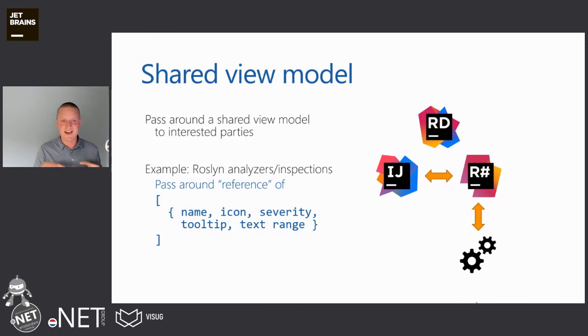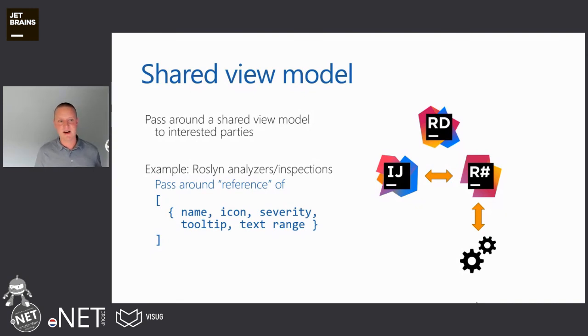The view model can be shared between multiple processes. There's another feature in Rider where you can also load Roslyn analyzers. So if you have your own inspections, for example, that are written in Roslyn, you can run them in Rider. We share the model of inspections between IntelliJ, ReSharper, as well as our Roslyn analyzer process.